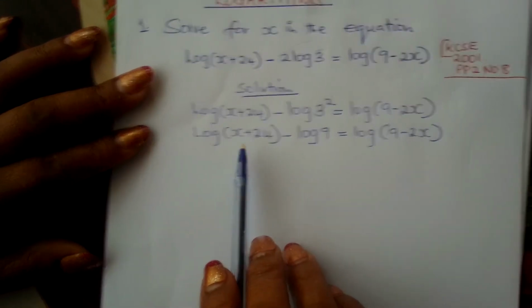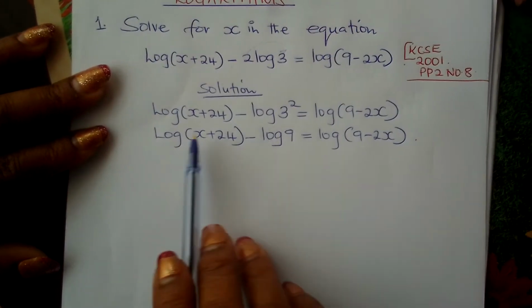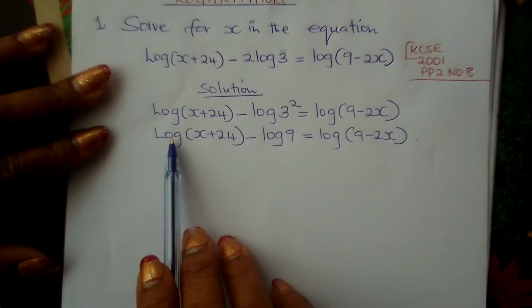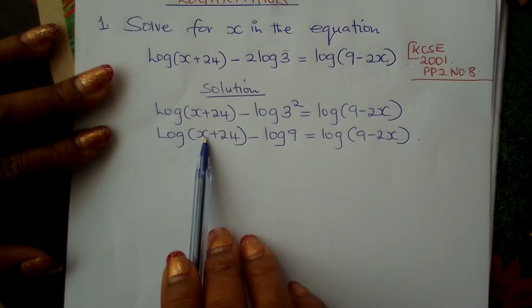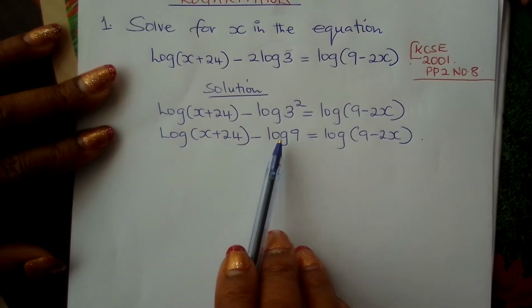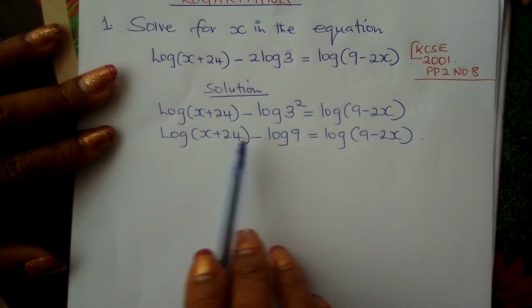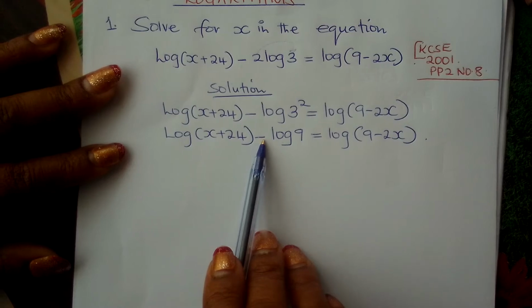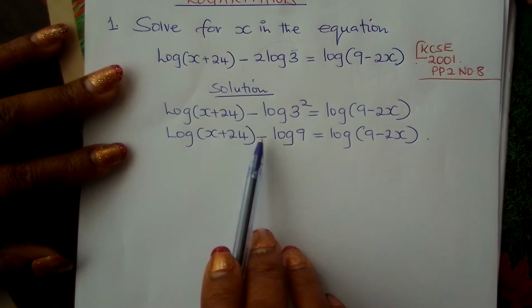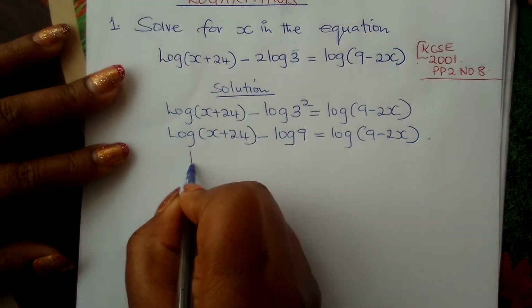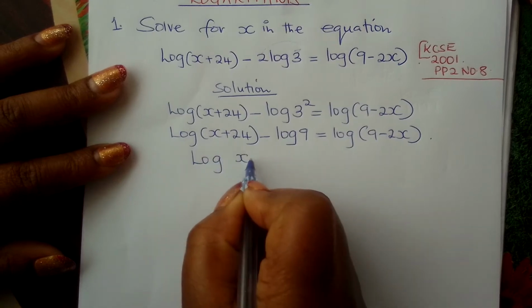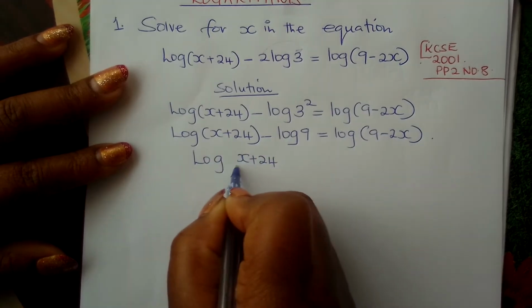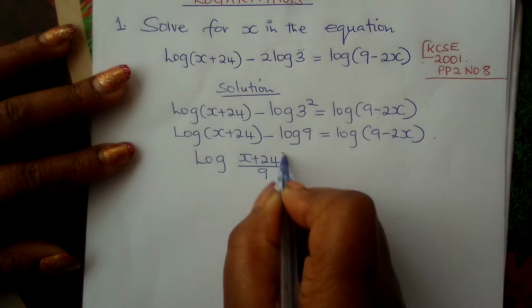From there, learner, you apply a law of logarithms. This is log of (x + 24) minus log of 9. If you have two logs and it has to do with subtraction, which law do you apply? This becomes log of (x + 24) divided by 9.